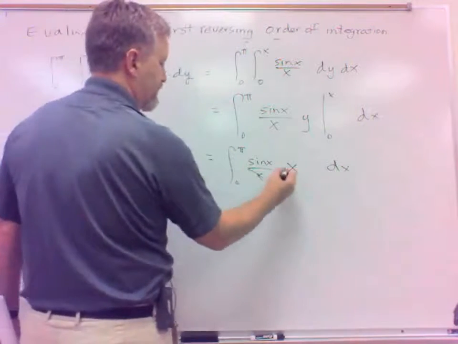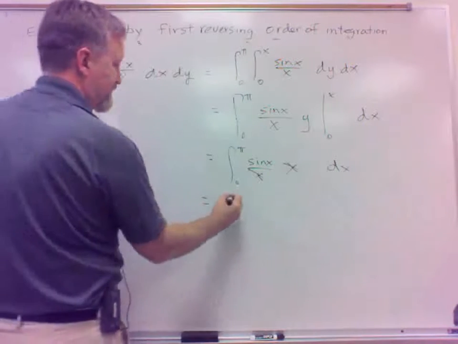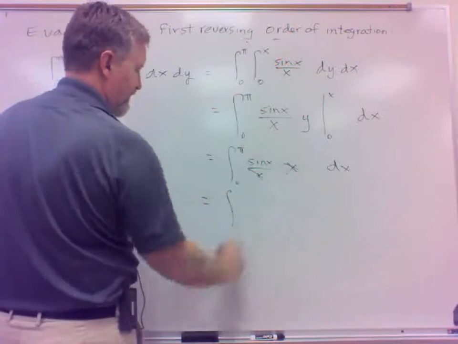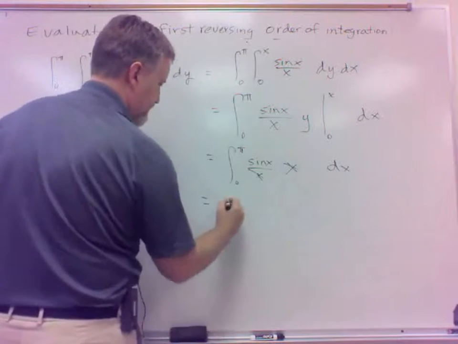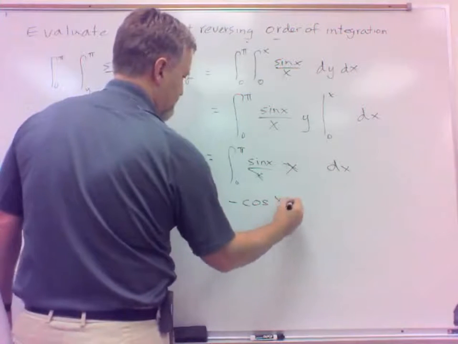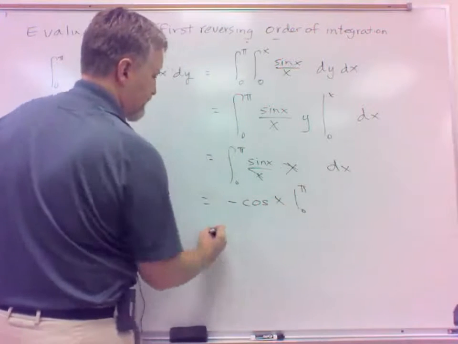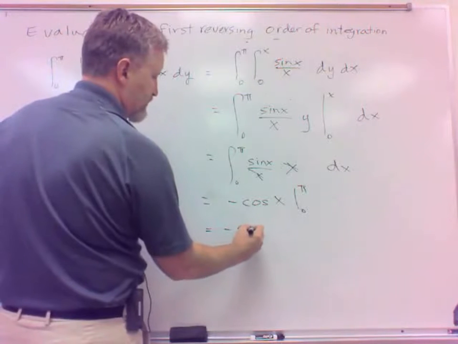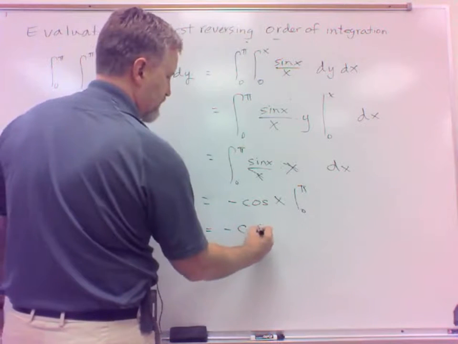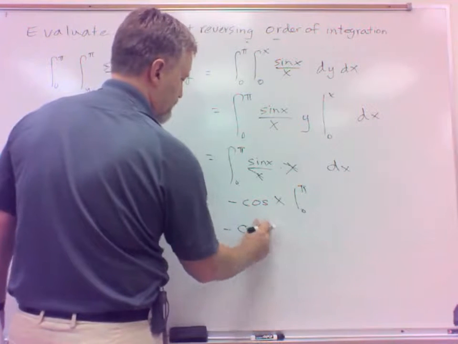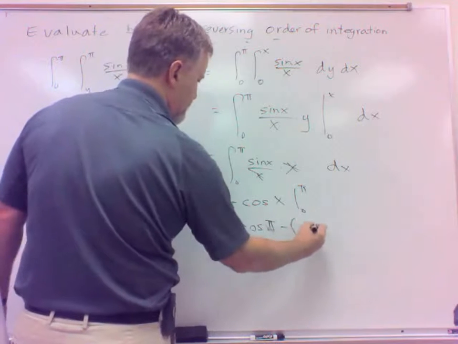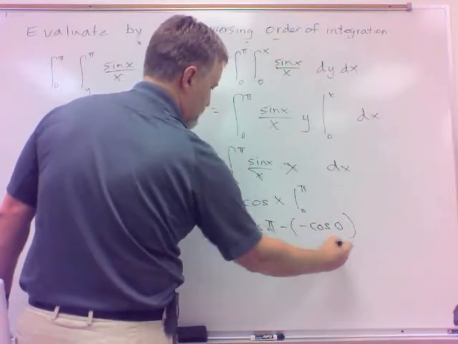And look at that, nicely that just turns into 0 to pi sine of x, which is just minus the cosine of x, 0 to pi, so that would be minus cosine of pi minus negative cosine of 0.